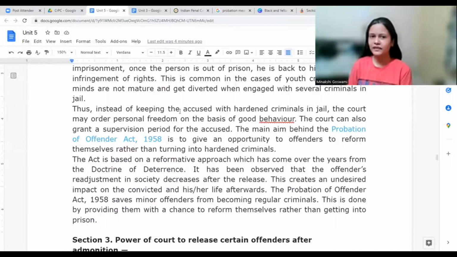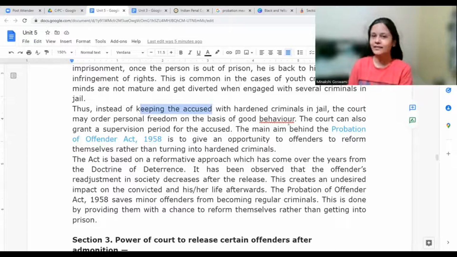Instead of keeping the accused with other criminals who may be habitual offenders or serious criminals, this person would mingle with all those people, and there is a possibility that his mindset might change. Rather than reformation, he may, on the other hand, become like them.